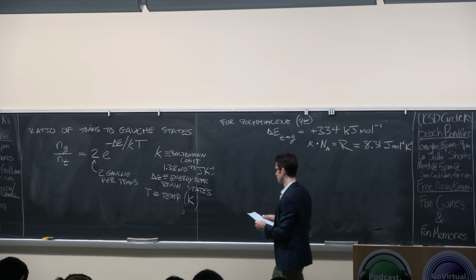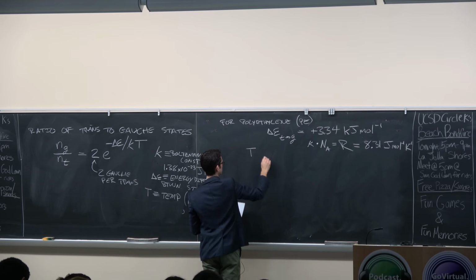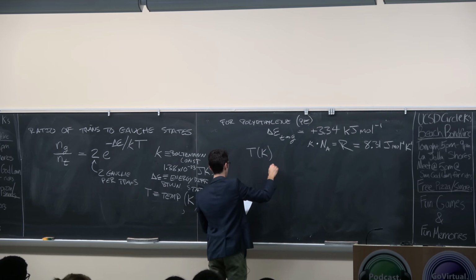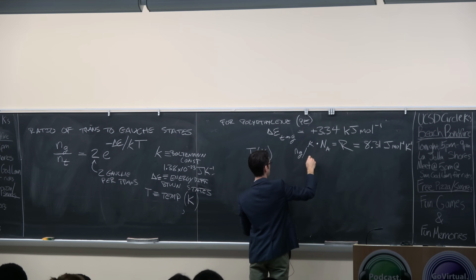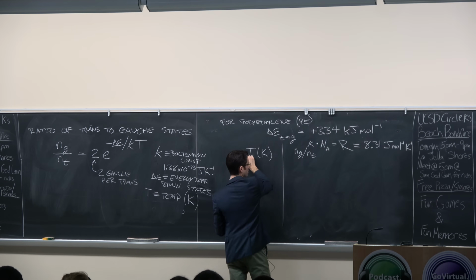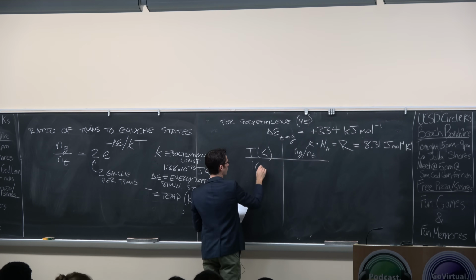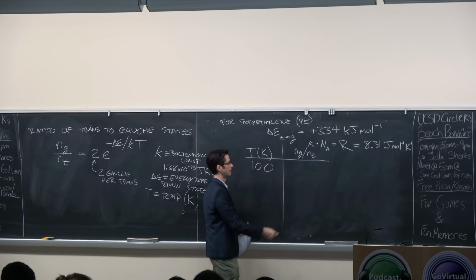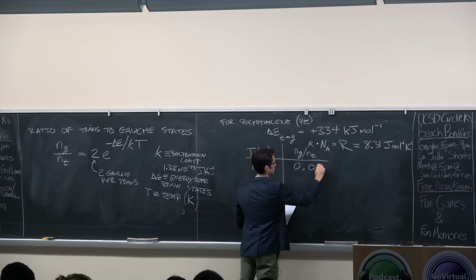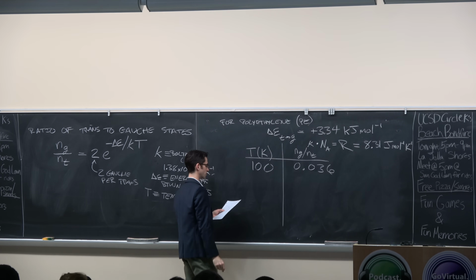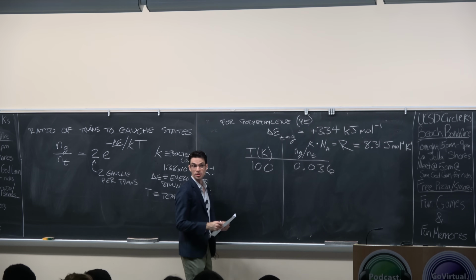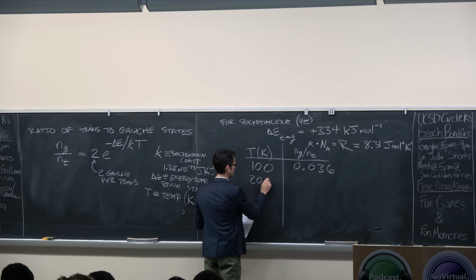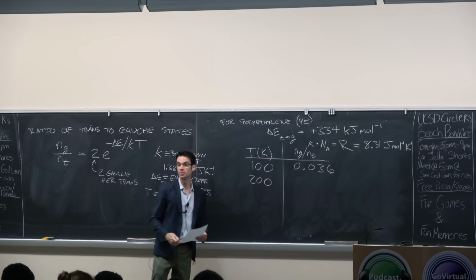joules per mole Kelvin. And if we tabulate the temperature versus the number of gauche divided by the number of trans, so the ratio of gauche to trans states, we have 100 Kelvin, so very cold. The ratio is 0.036 at equilibrium. At 200, we're going to start sampling.